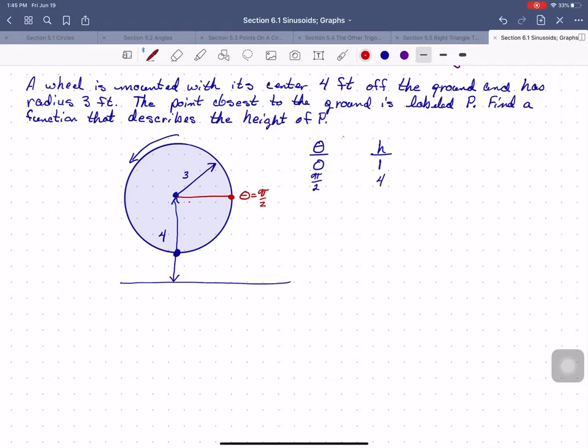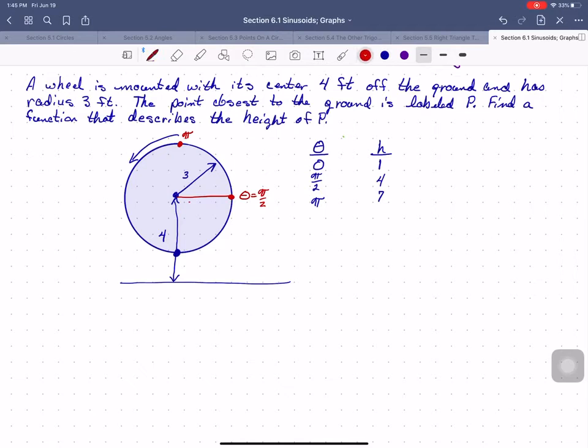And if I keep going, so if I get up to here, that means I've rotated 180 degrees, or pi radians, and my height is my 4 feet plus 3, so 7 feet.